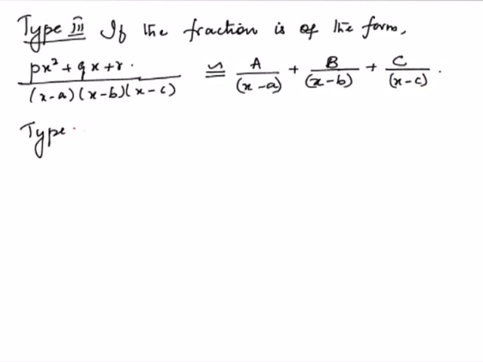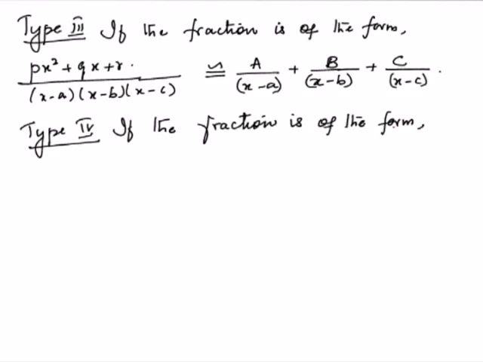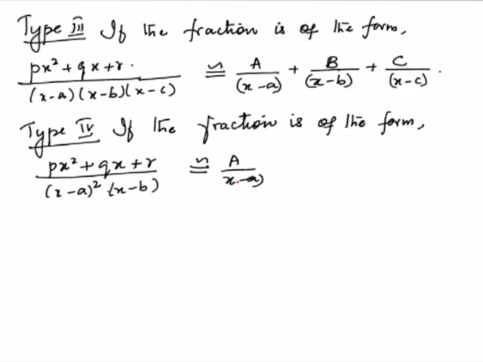The next type is, if the fraction is of the form px squared plus qx plus r divided by x minus a the whole squared into x minus b. So it's a combination. It's identically equal to A by x minus a plus B by x minus a the whole squared plus C by x minus b.